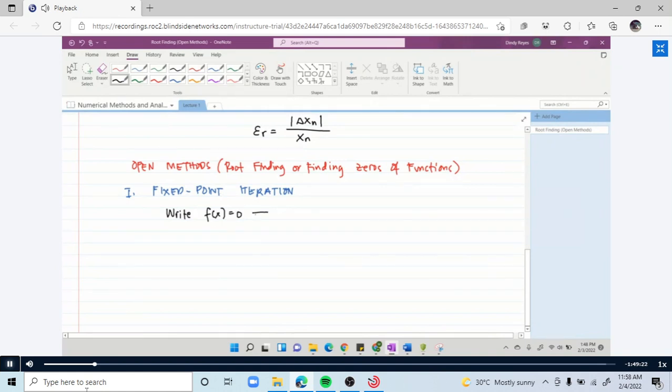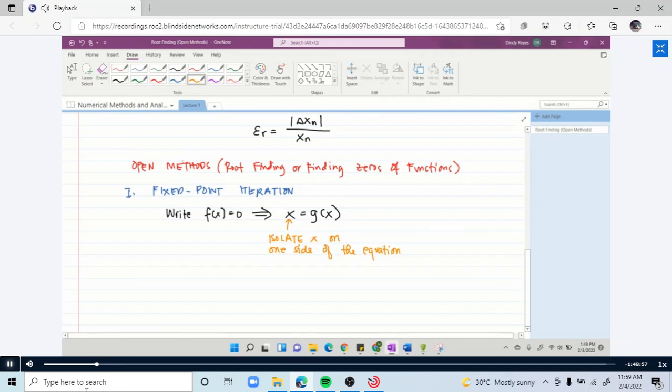And then you have to rewrite your function in this form: x equals g of x. What does this mean? This means that you have to isolate x on one side of the equation. Okay?